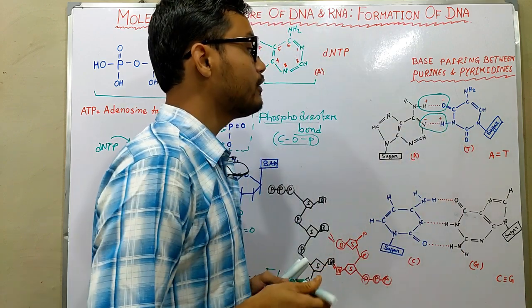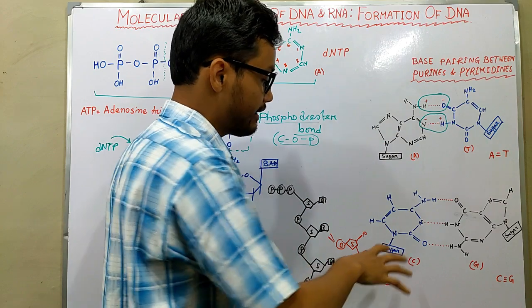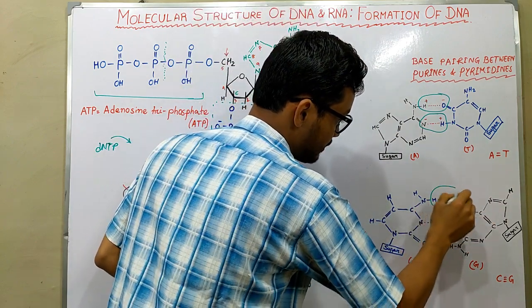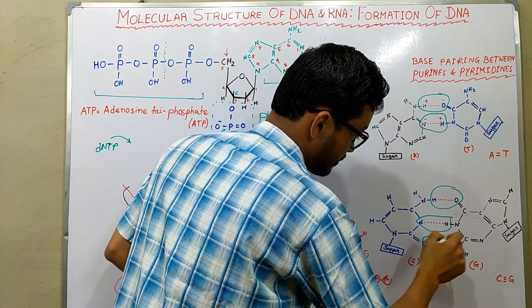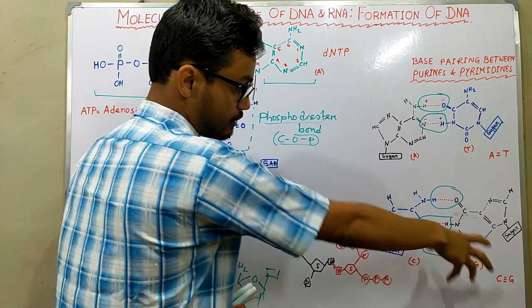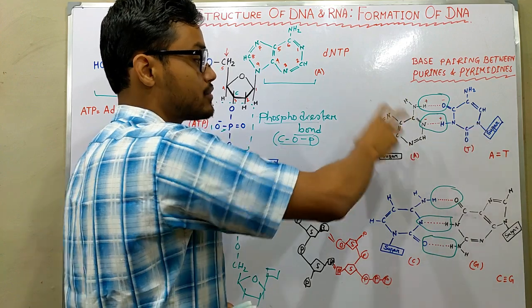That means only 2 positions are available to make the bond, and in the case of cytosine and guanine there are 3 bonds, meaning 3 positions available for bond formation.